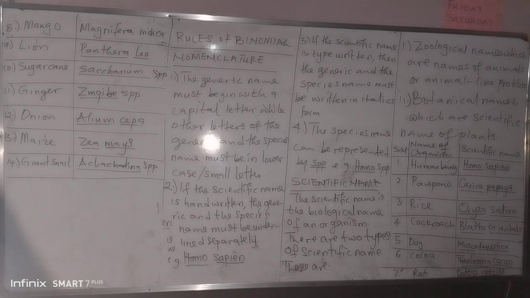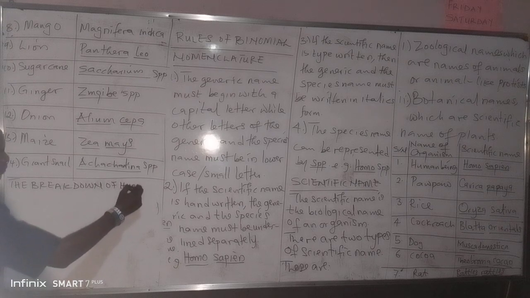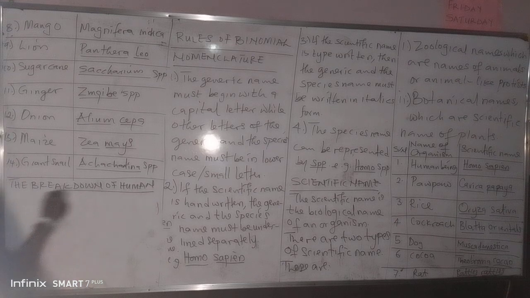The breakdown of human classification. Human beings belong to the kingdom Animalia.